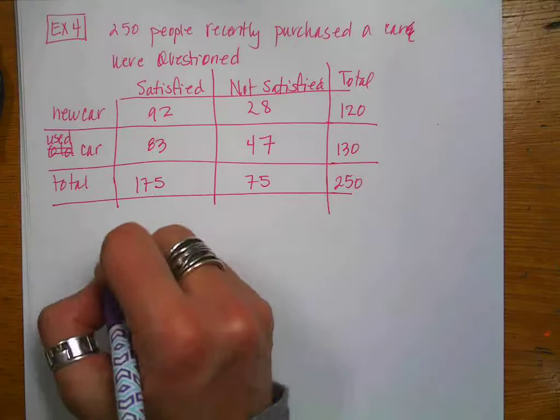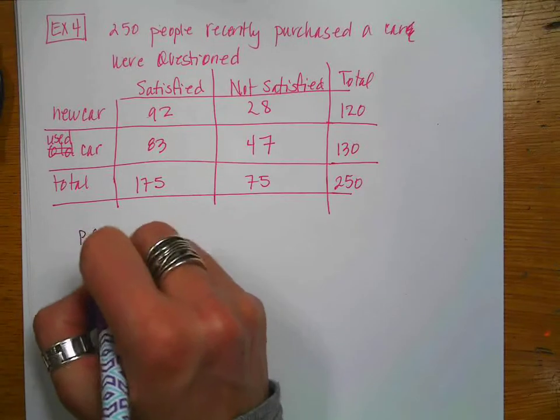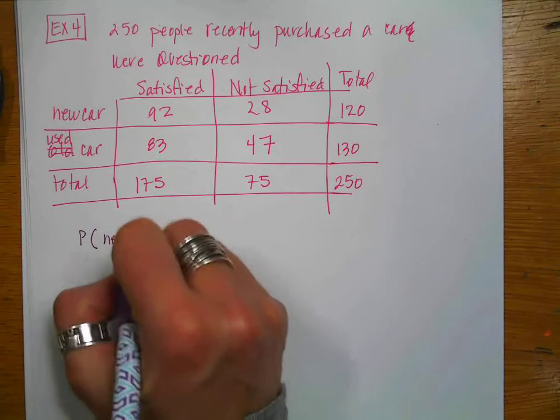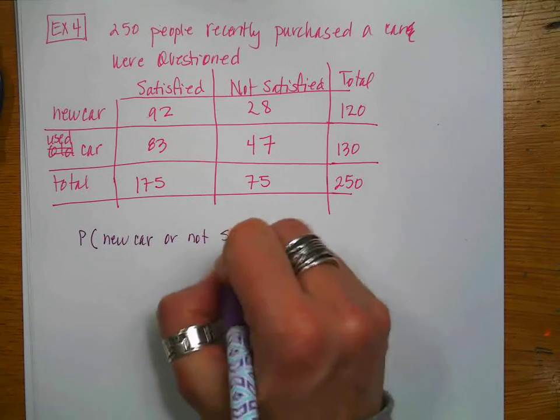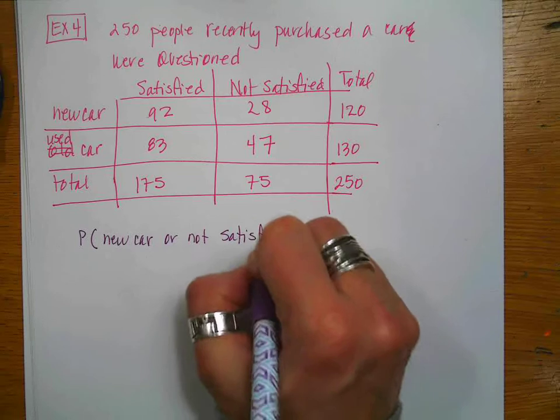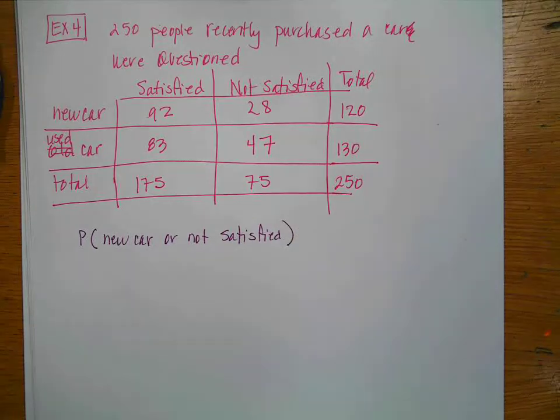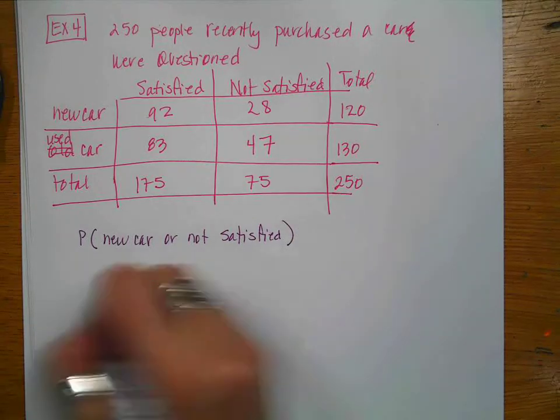So now let's do some probabilities from our cool little table. So I want to know what's the probability that they bought a new car or they were not satisfied. Okay?